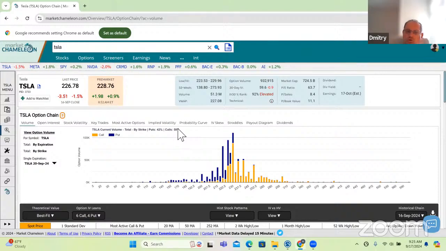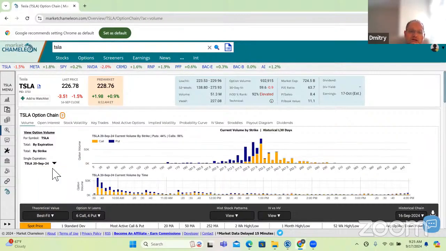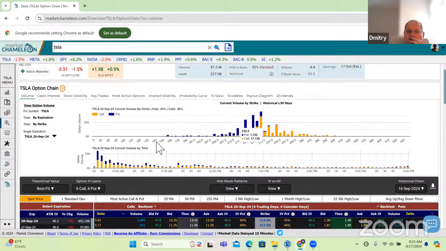And of course, if we wanted to go more granular, we could look at particular expirations. Now we could go back and say, well, September 20th expiration seemed to be the expiration that had the most volume. So here we get two charts. One is the distribution of volume by the strikes. So we could see here which strikes and the calls and puts stacked.